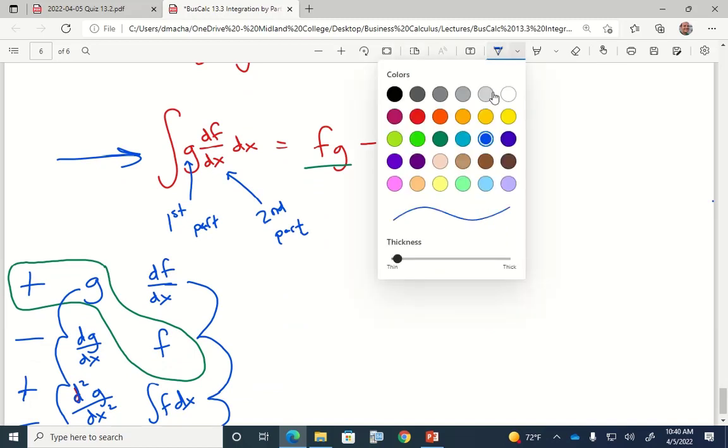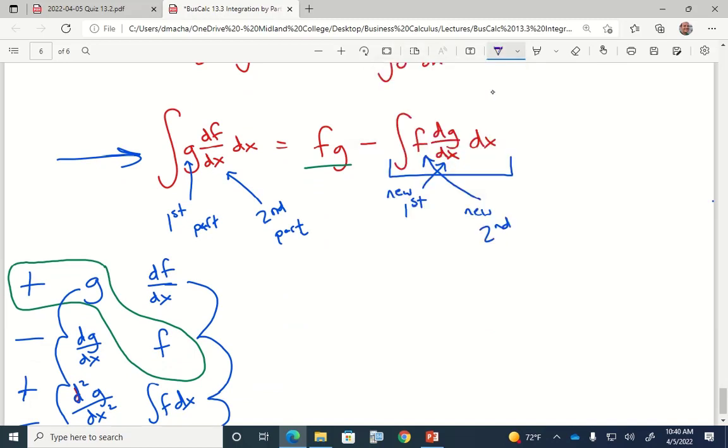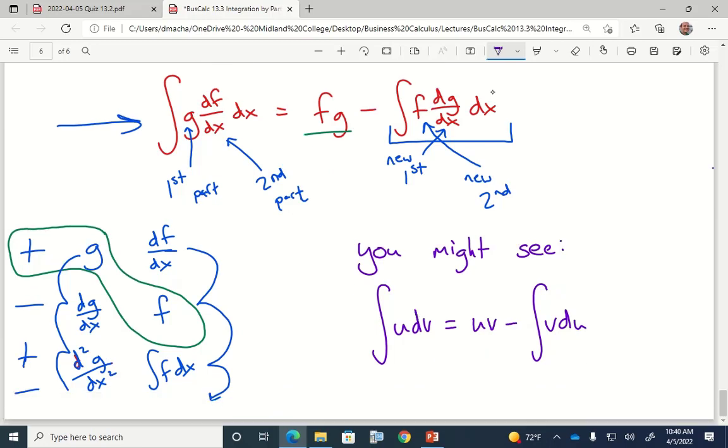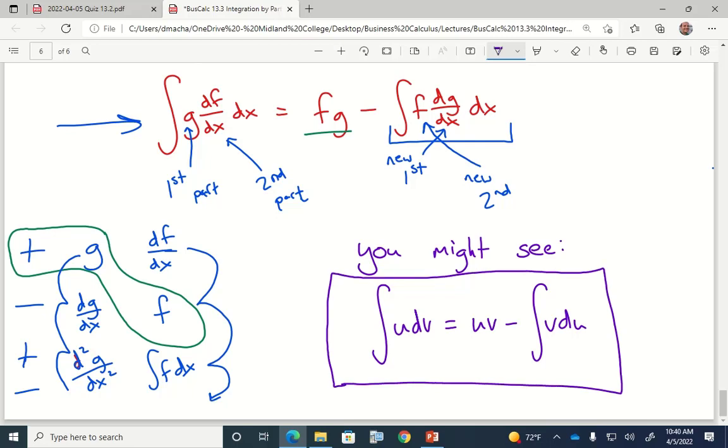One little thing, and then we'll go back to doing examples. The little thing is that a lot of times you see this integration by parts formula written like this. So if you ever choose to use any kind of online resource to help you with this class, and you're watching a YouTube video or reading some article on the internet, you'll probably see this described as the integration by parts formula.